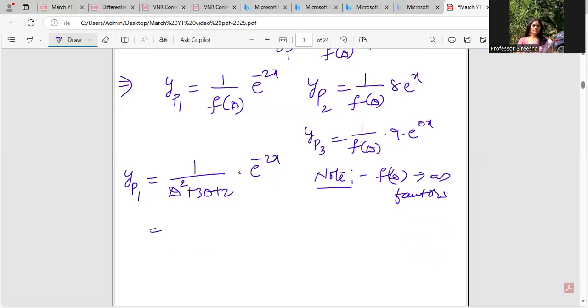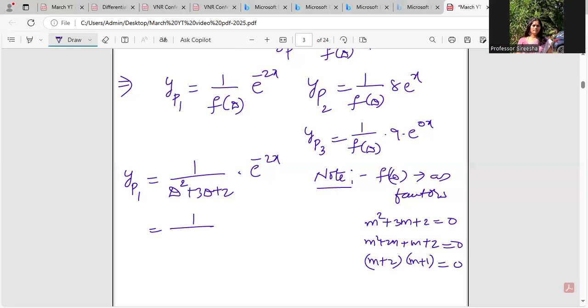So for this, the factors of d square plus 3d plus 2: if I write the auxiliary equation, m square plus 3m plus 2 is equal to 0, that is m square plus 2m plus m plus 2 equal to 0. So m plus 2 would be one root, m plus 1 would be another root.